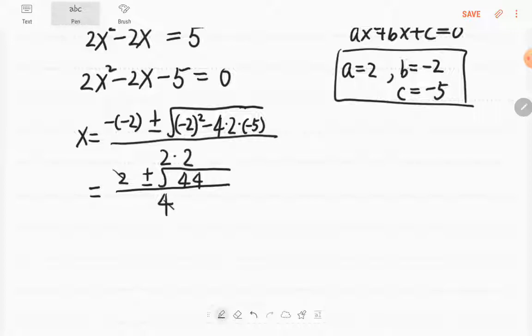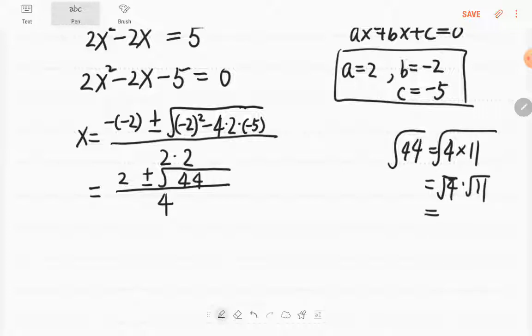This is wrong, because if you want to simplify, you need to simplify each term. We notice that 44 equals 4 times 11. If we take the square root, it becomes the square root of 4 times the square root of 11, which is actually 2 times the square root of 11.